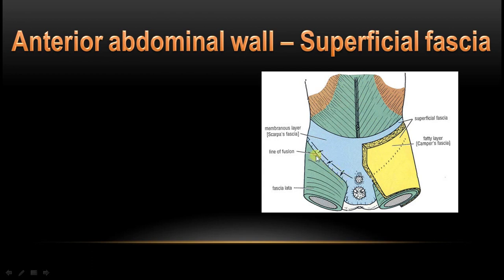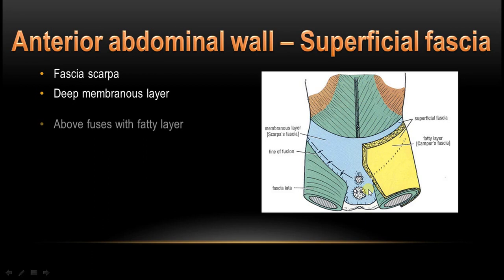So it does not cross beyond or go to the thigh region. Then below and medially it continues as the fascia Colles of the perineum, Colles fascia, C-O-L-L-E-S. The fascia Scarpa actually continues as fascia Colles.